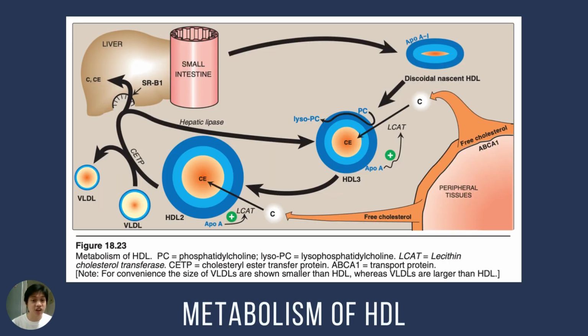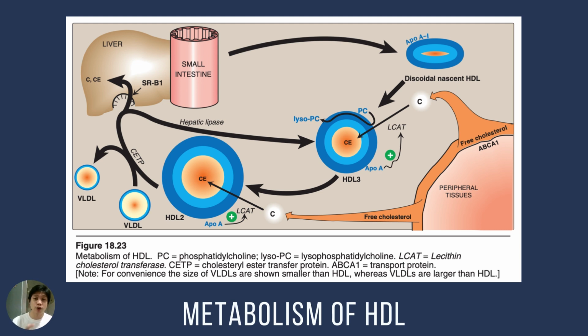Next and last would be the metabolism of HDL, high-density lipoprotein. So we start with the liver secreting high-density lipoprotein. So from the top left of the image, the liver secretes nascent HDL or immature HDL.